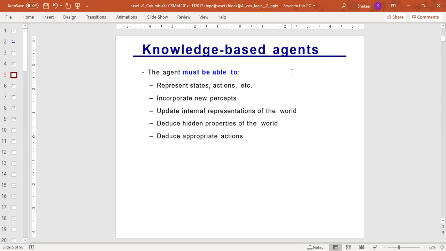A logical agent, or knowledge-based agent, is composed of two elements: a knowledge base and an inference mechanism. We represent that with the database. We have some knowledge base that is represented by a set of sentences in some formal representation or language.